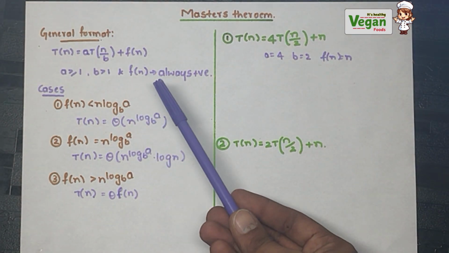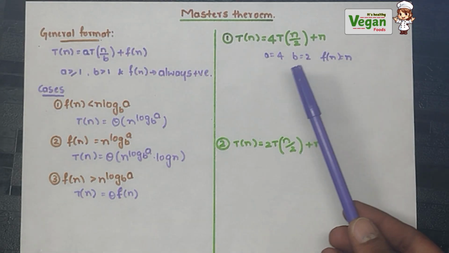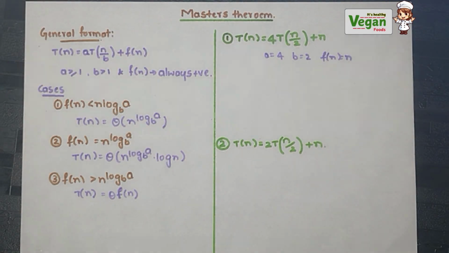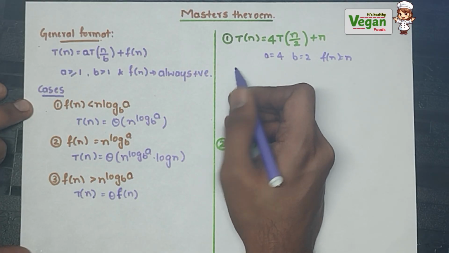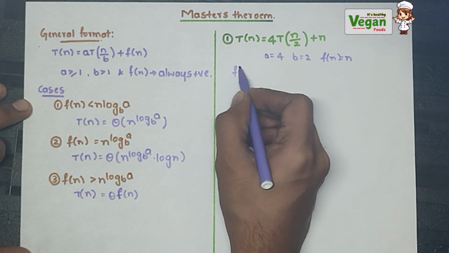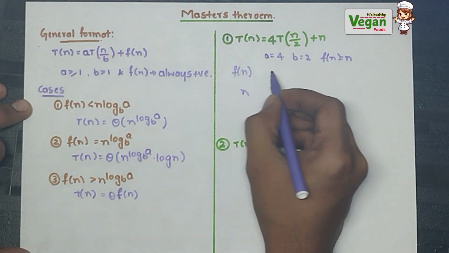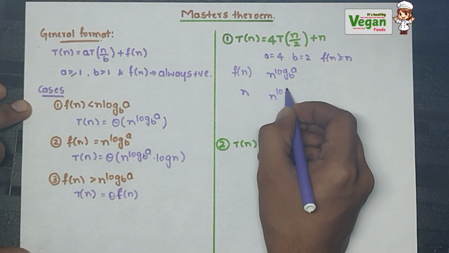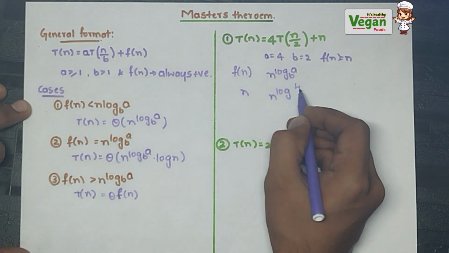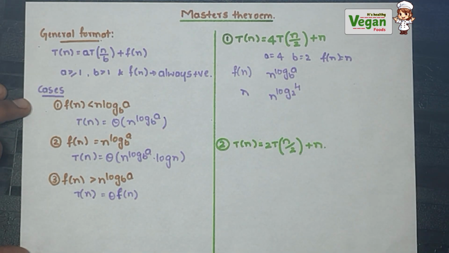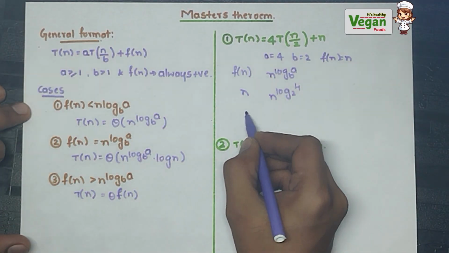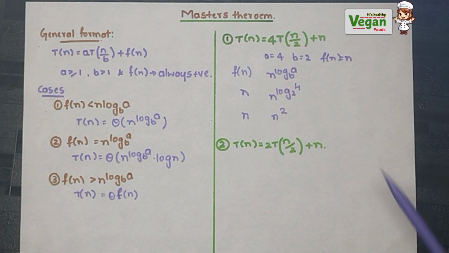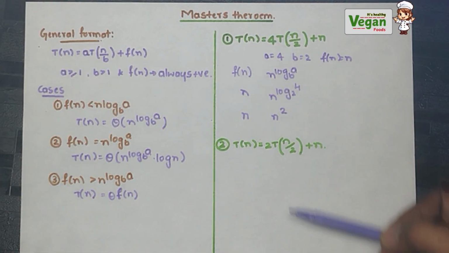Now we have the value of f of n, and the values of a and b. We must find the value of n power log a base b. So just substitute. f of n is n, and n power log a base b means n power log 4 base 2, which will be n square, because log 4 base 2 is equal to 2.